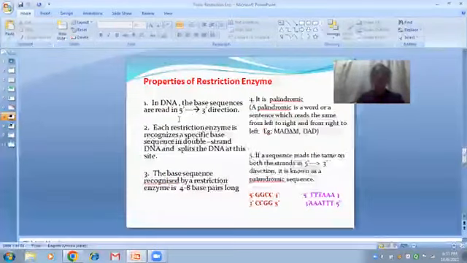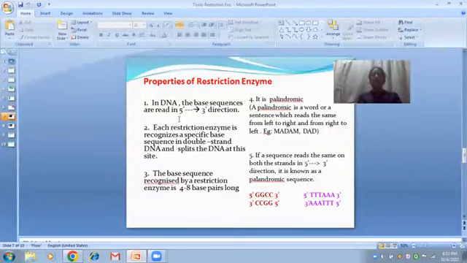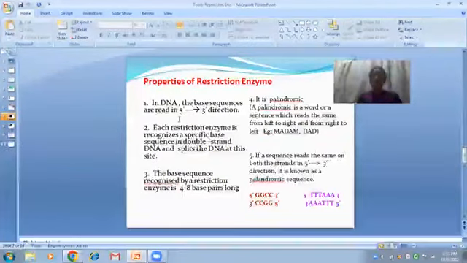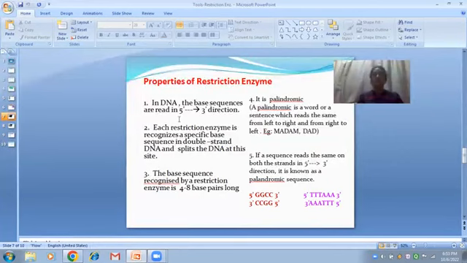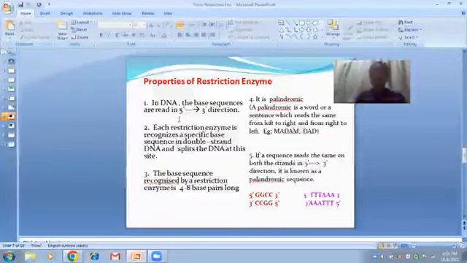The base sequence recognized by the restriction enzyme is only 4 to 8 base pairs. Means the site where the restriction enzyme acts is only up to 4 to 8 nitrogen bases long. Means it is a very short fragment.